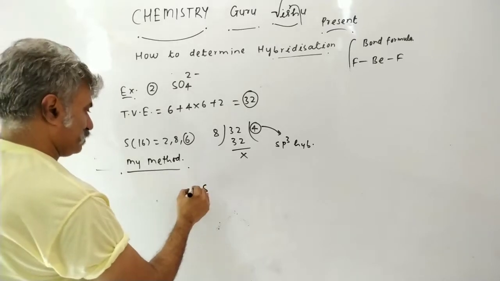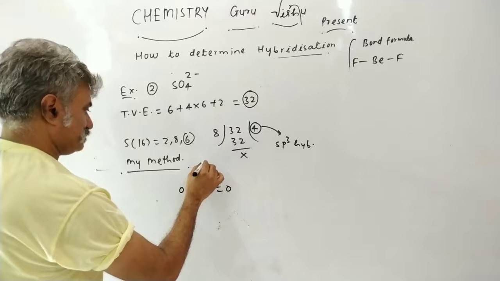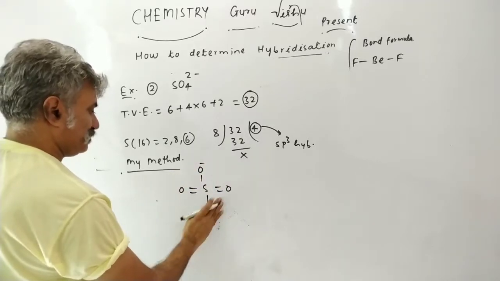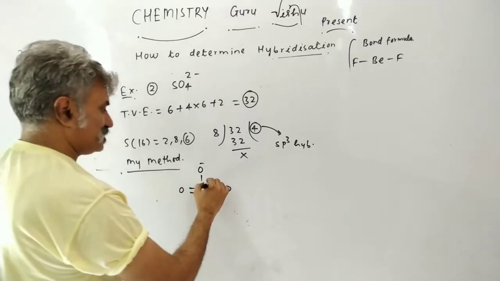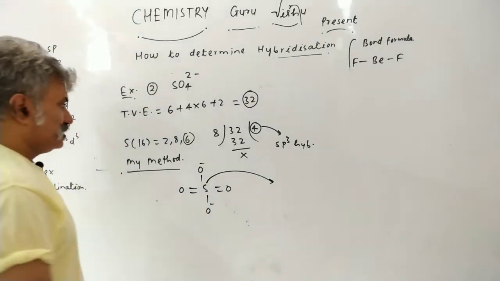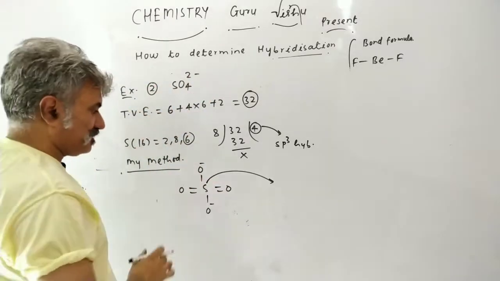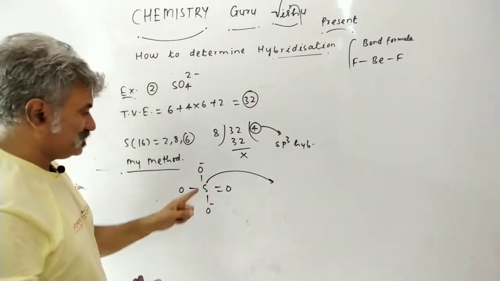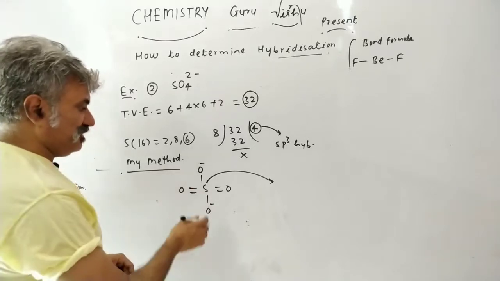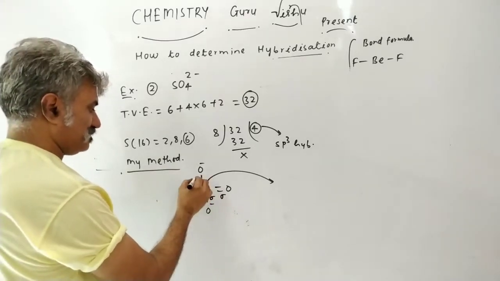Firstly draw the bond formula. This is the bond formula. Now move on to the central atom. This is the central atom. Here also I am calculating from the entire formula, but here only related with the central atom. The central atom has sigma, sigma, sigma and sigma.